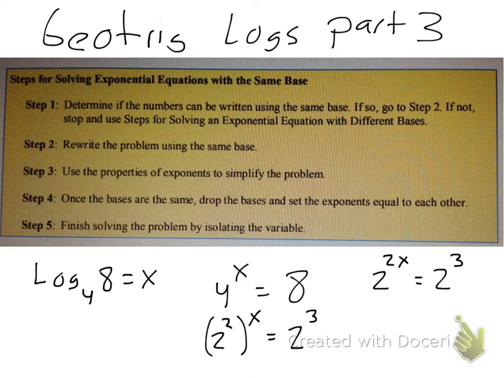The only way for these to be equal, with the bases the same, is if the exponents are the same. Step 4 says drop: if the bases are the same, you can drop them and set their exponents equal to each other and then solve. Divide by 2, so x is equal to 3 over 2, or 1.5. That is how you're going to do this.